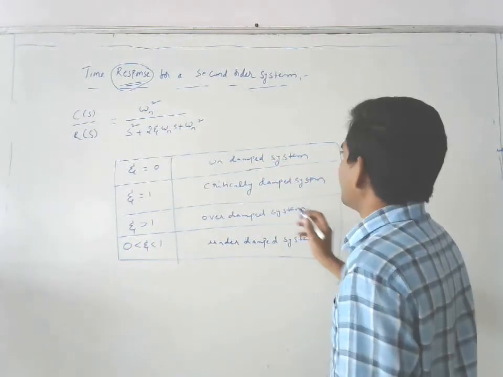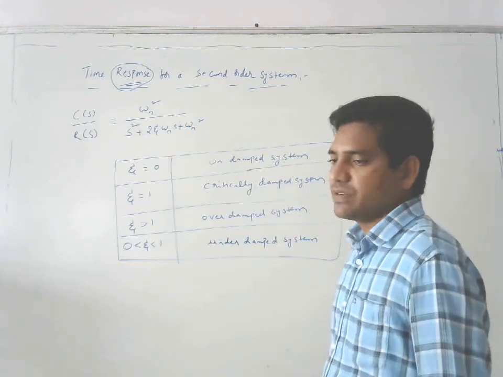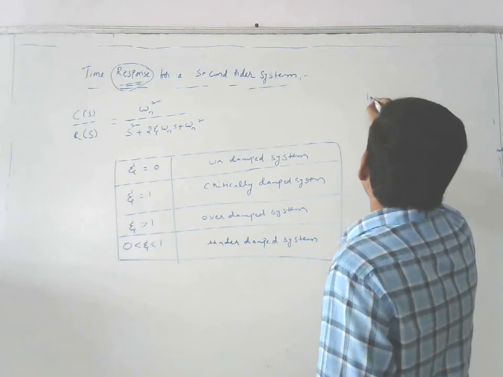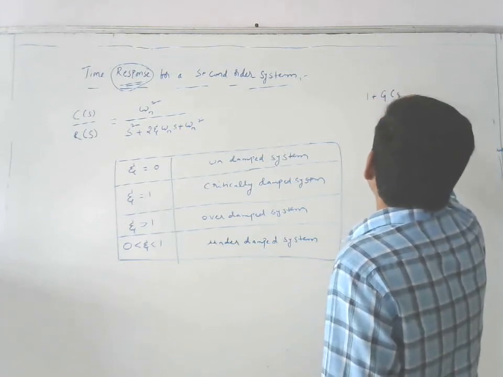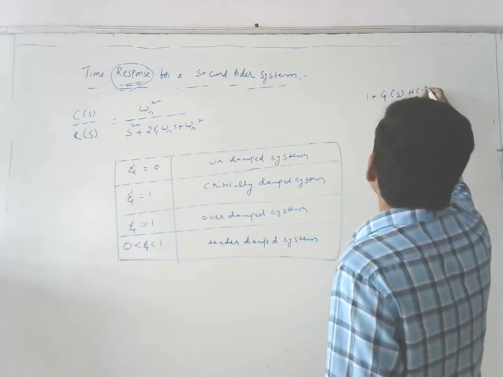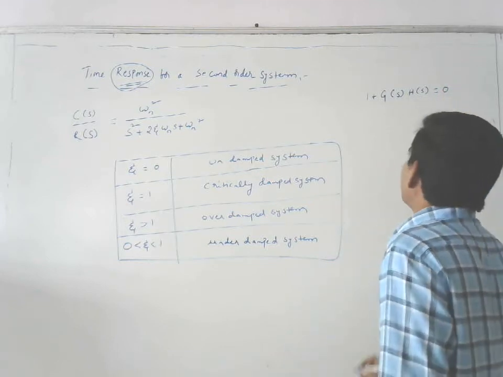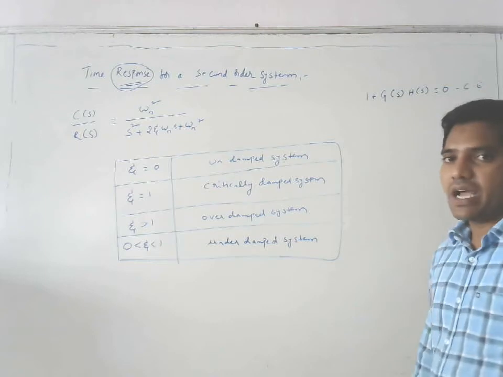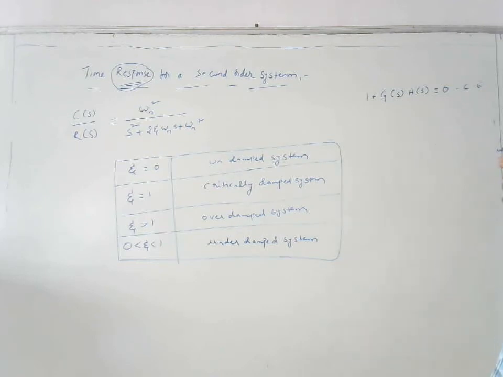For that we need to find the characteristic equation. What is the characteristic equation? It is 1 plus G of s into H of s, equal to 0. We call it the characteristic equation of a given transfer function.